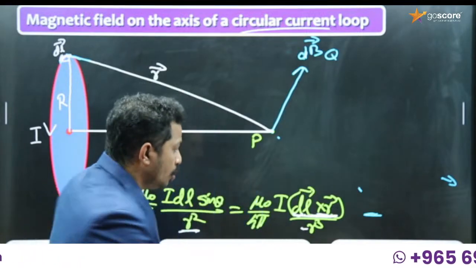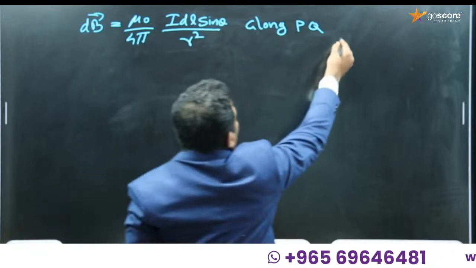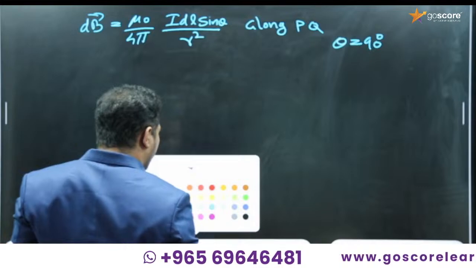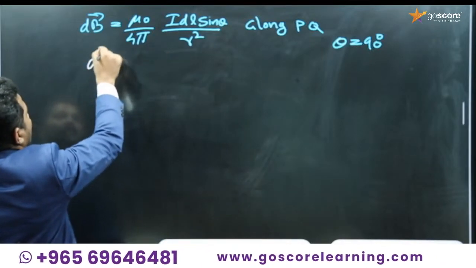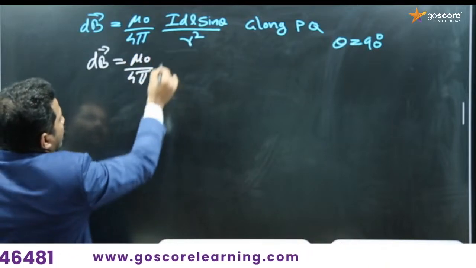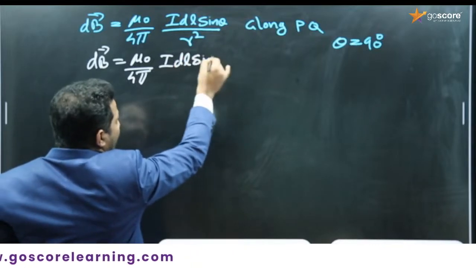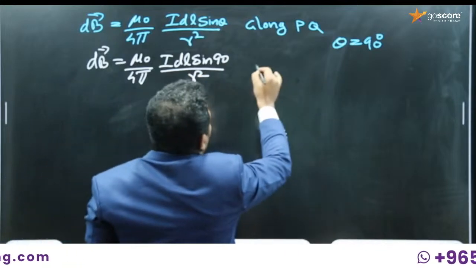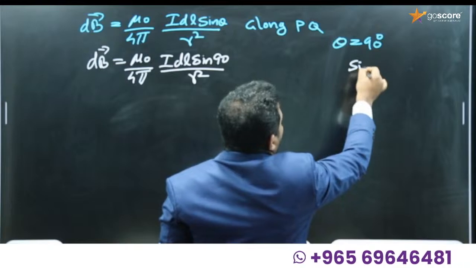Yes or no? So theta here is 90 degree. Okay, so what will be now? dB is equal to mu 0 by 4 pi I dl sin 90 by r square, along PQ. So what is sin 90?